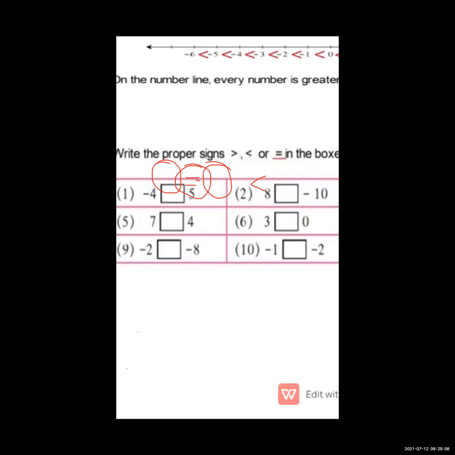Which is the greater number? Seven. There is no sign in front of 7, right?